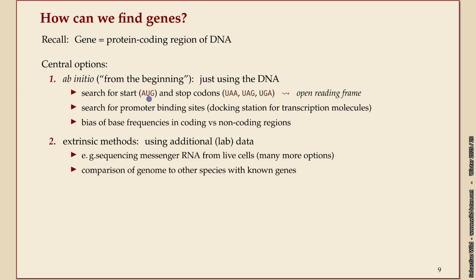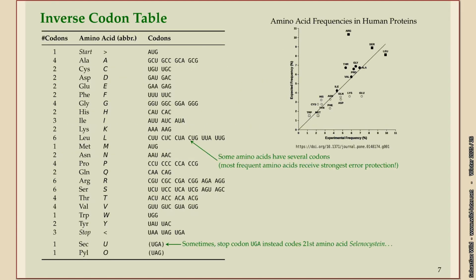The first one that we'll focus on is the start and stop codon. Maybe it's worth going briefly back. You notice there's one start codon, which by and large you need in the DNA sequence to start the translation of a protein. And then there are stop codons terminating the translation.